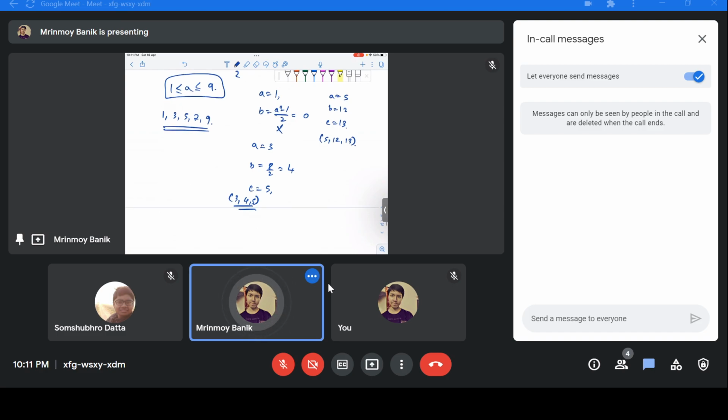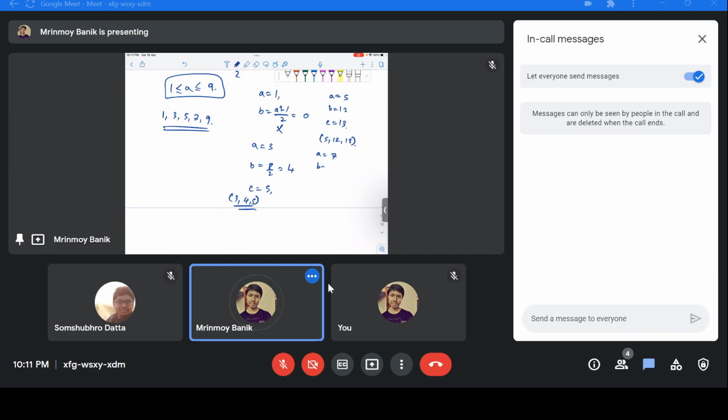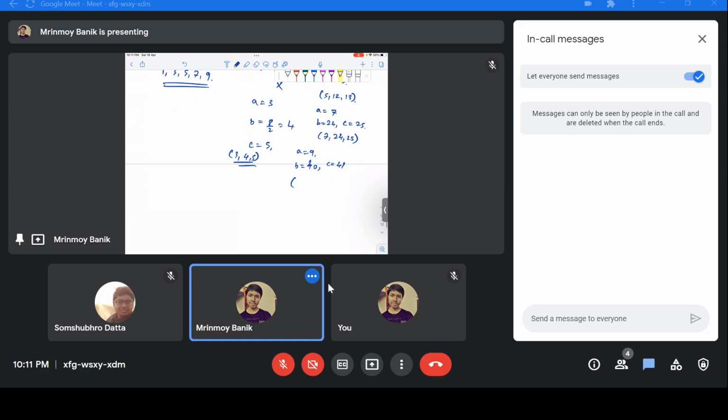GCD is 1, yes, it's correct. Now 7: 49 minus 1 is 48, by 2 is 24, and c is 25. That is also a tuple. Lastly, with 9, we have 40 and 41. They are co-prime also, I guess.